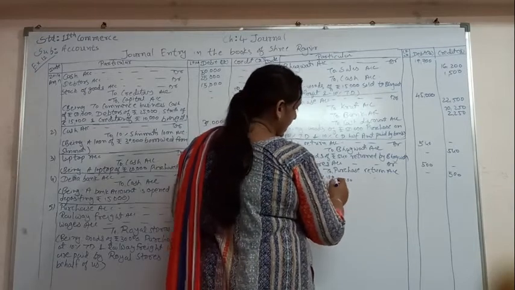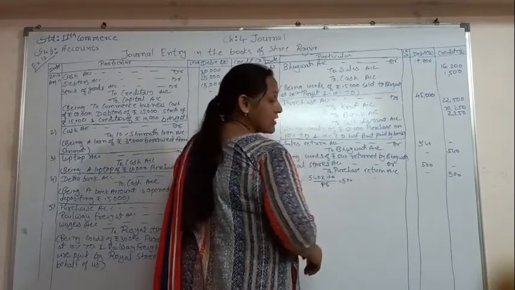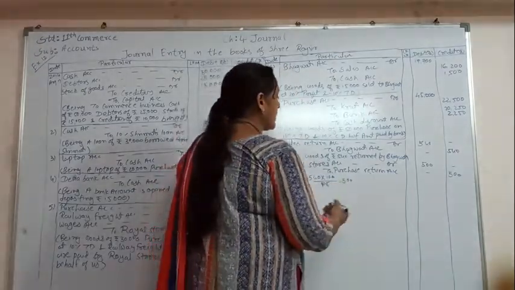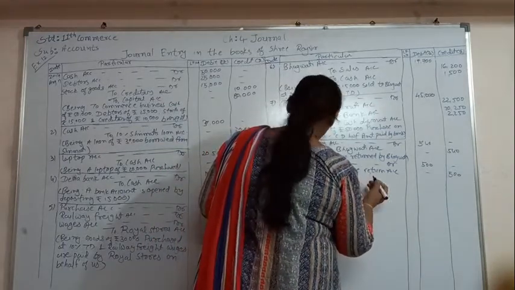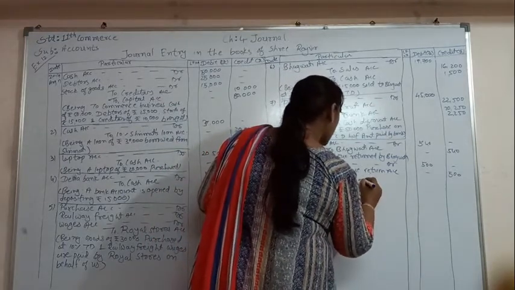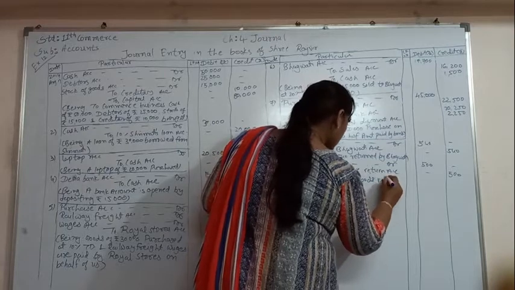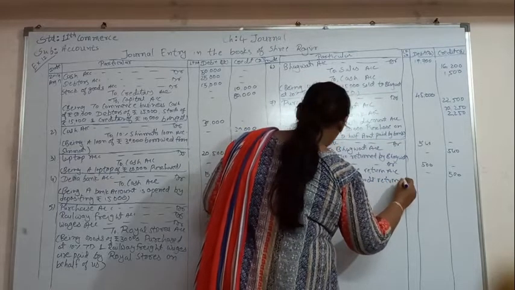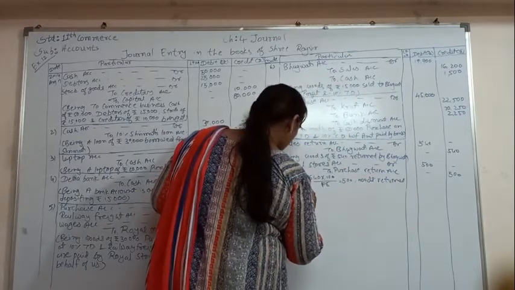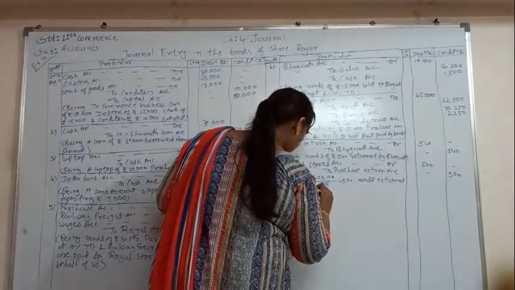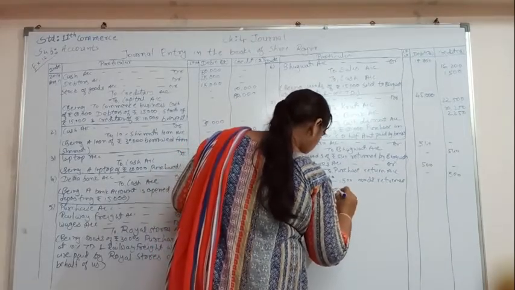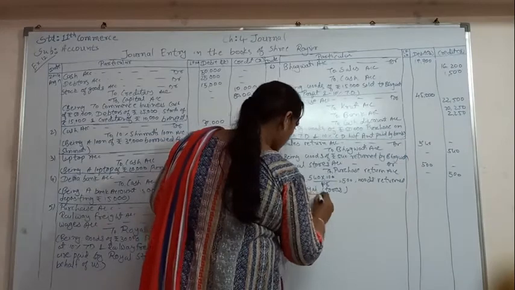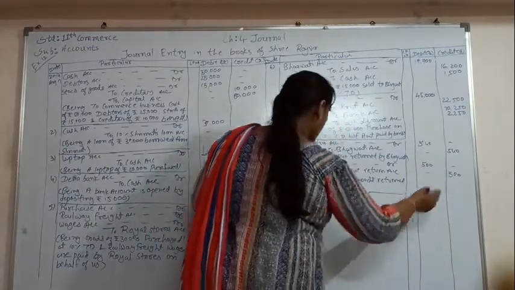And now we have to find out the cost, and that cost will be 500. And here we are going to write the goods returned by Bhagwati, goods returned to Royal Stores. So that was the calculation of the 500.